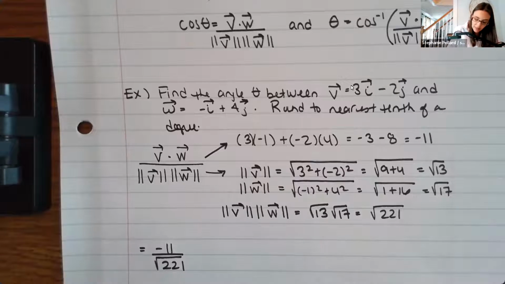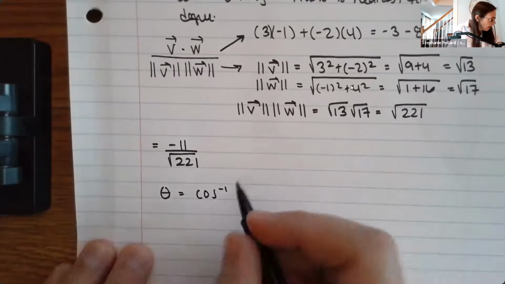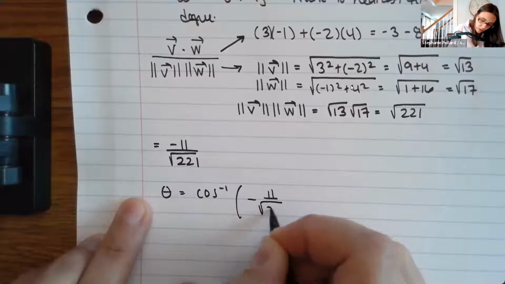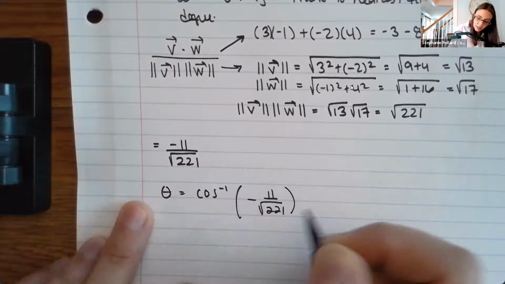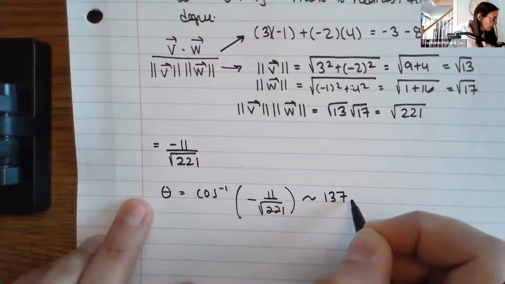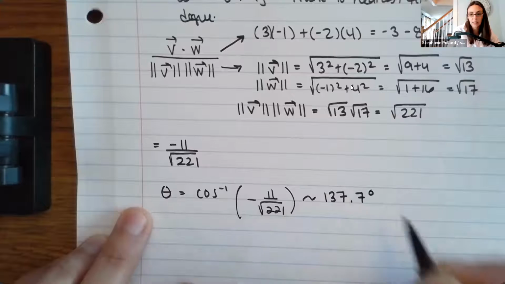Now I'm going to go ahead and find the angle. So the theta that I'm looking for is going to be the inverse cosine of negative 11 over square root of 221. And when you use your calculator there, again, make sure you're in degree mode here because that's what it asks for. You get about 137.7 degrees.